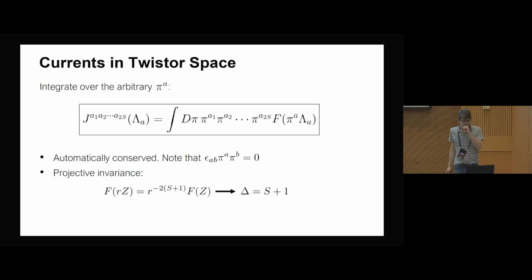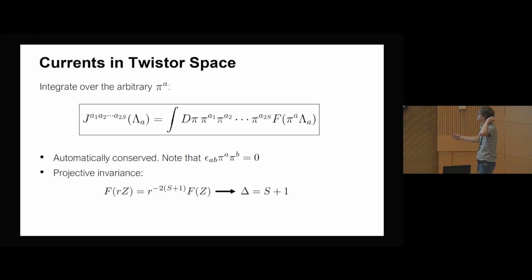Great. So, and moreover, since the embedding space position was projective and we didn't really care about its scale, then these lambda spinors are also projective and we don't care about their scale. And finally, we shouldn't care about the scale of these pi coefficients either.